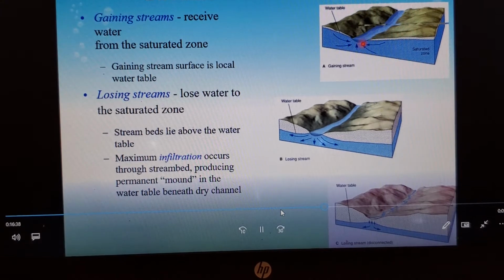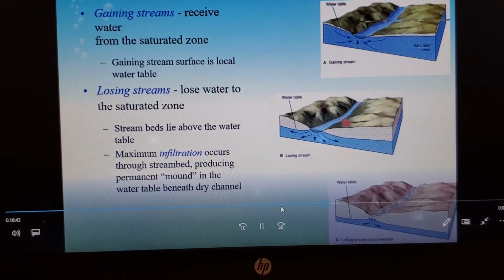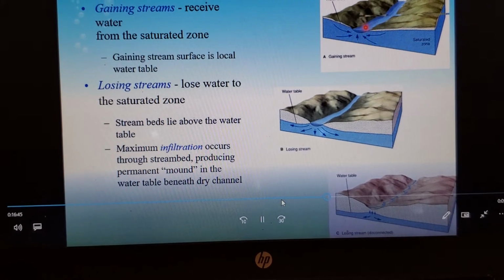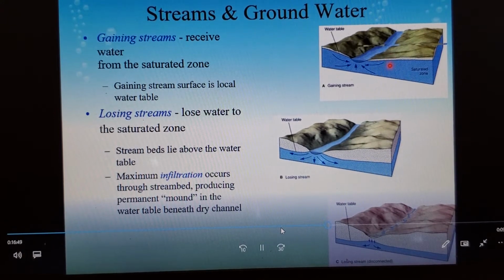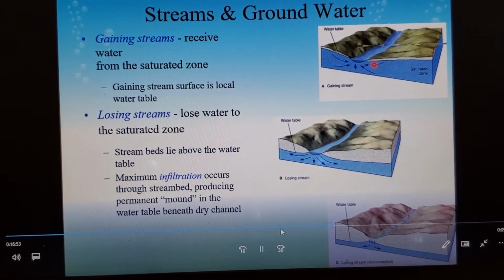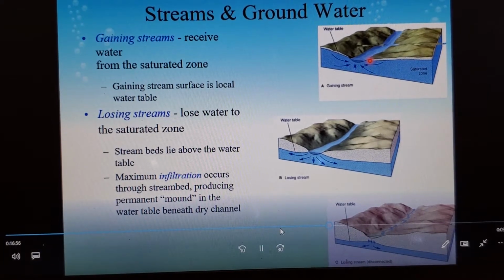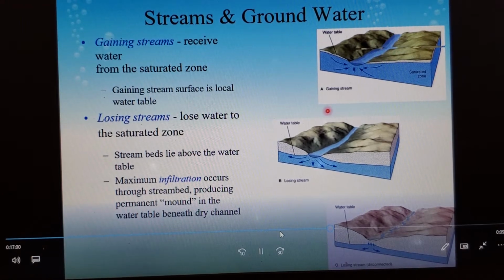This continues to happen until the water table drops, as in the case of this second diagram. Let me just go back here for one quick second and say this situation where a stream is receiving groundwater is known as a gaining stream. So it's gaining water from the ground as it flows in this direction.